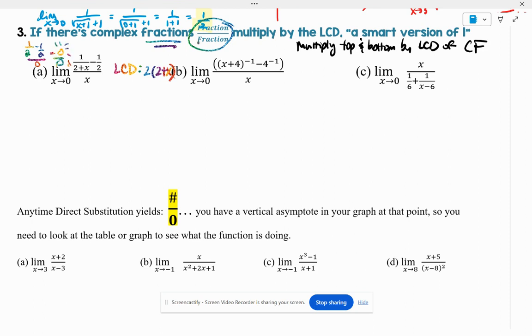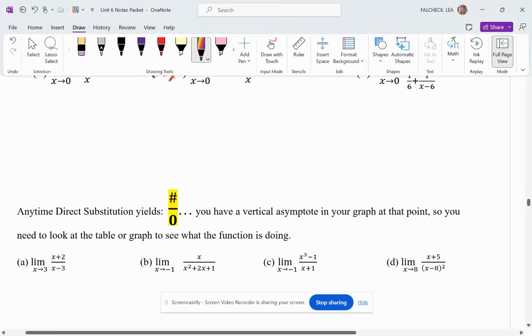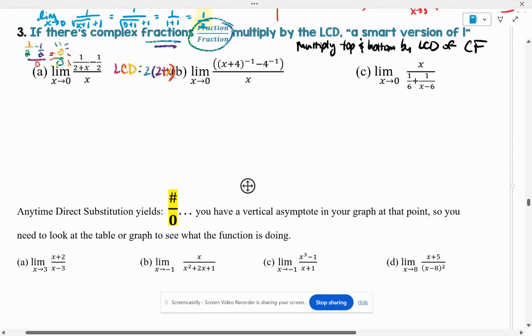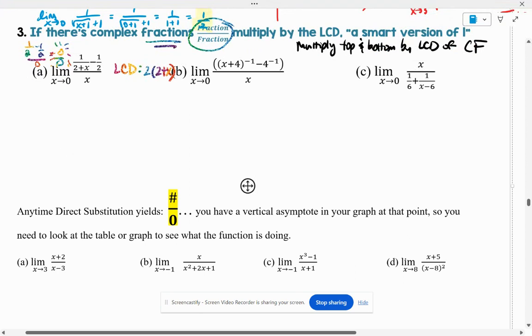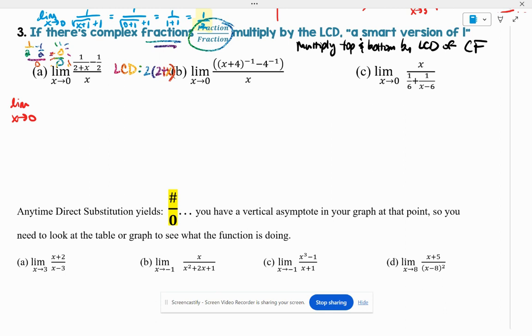Here we go. We're off. What? Hold on. Okay. You just know that if I wanted to find a common denominator between 1 over 2 plus x and 1 over 2, right?